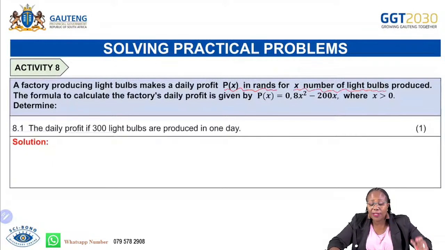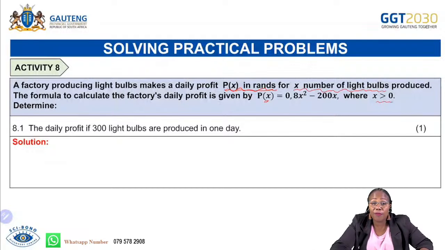So they represent the number of bulbs with the x and the profit thereof that they make in rands. And the formula to calculate the factory's daily profit is given by P(x) equals 0,8x squared minus 200x. Remember, x is the number of light bulbs produced per day, where x is greater than 0.